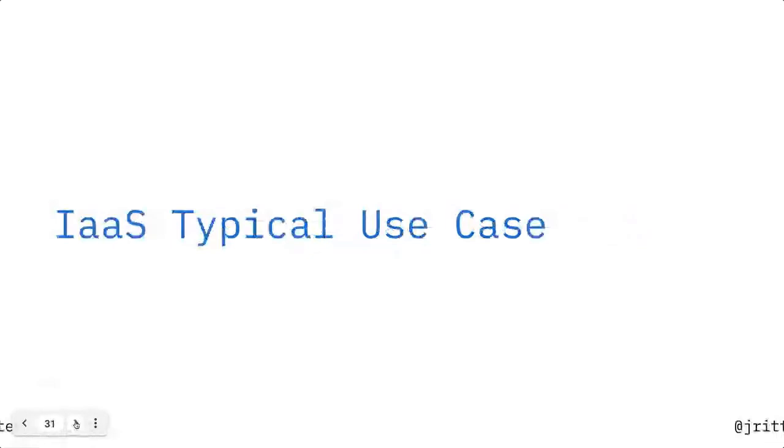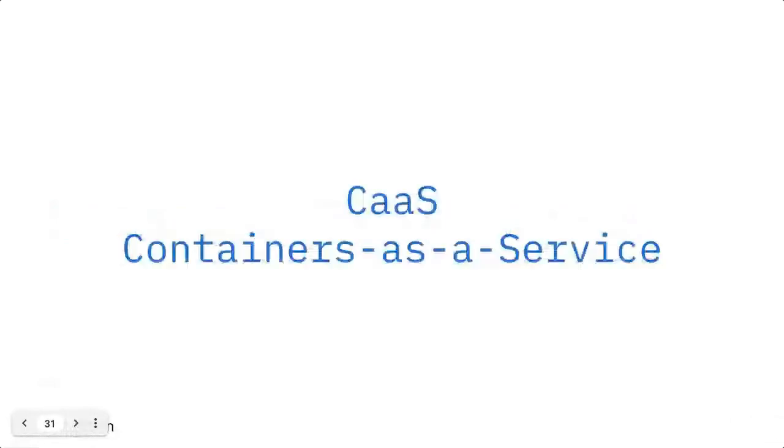So the next deployment model we're going to look at is CaaS. This is our containers as a service. So think Kubernetes.